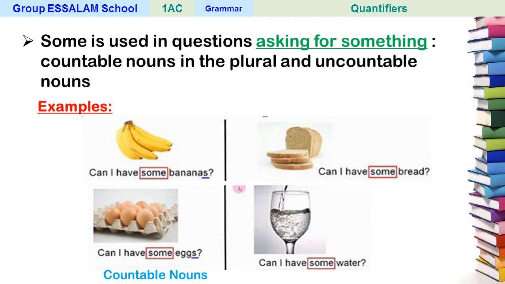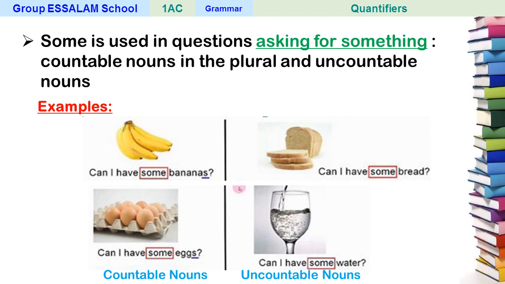That's why they take the s at the end. And the second and the fourth examples are uncountable nouns. And what did we understand from these examples and also from the rule? We have understood that some is also used with questions when we want to ask for something, which means requests. And we can use it with both countable nouns in the plural and uncountable nouns.